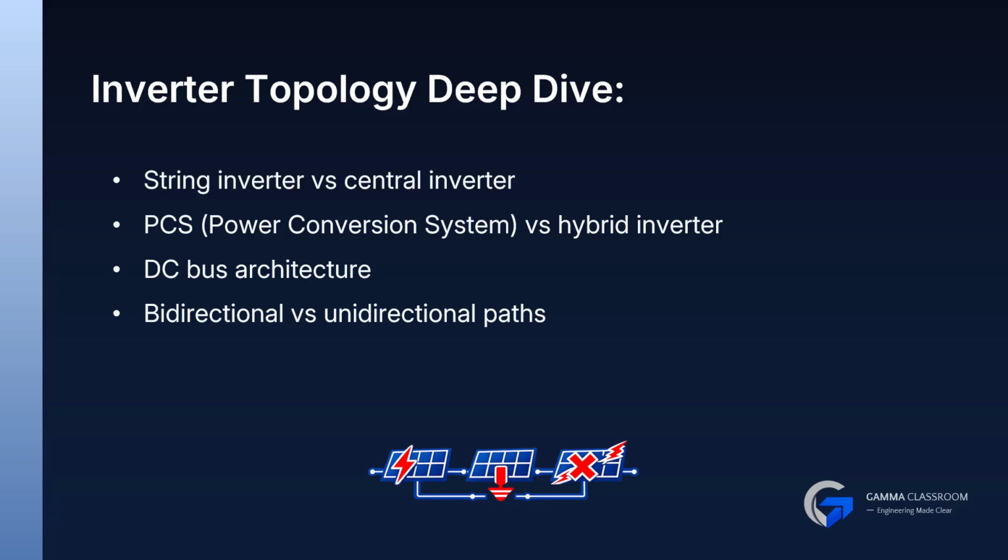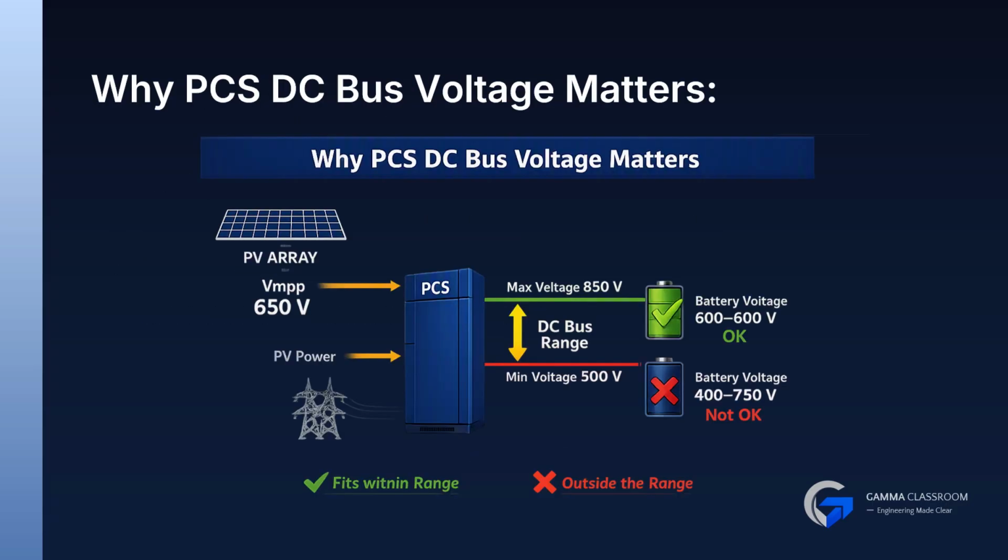Understanding topology helps engineers predict fault behavior, thermal limits, and compliance constraints. The PCS DC bus voltage decides how much the battery can charge or discharge, and whether the PV array voltage fits efficiently within that range.